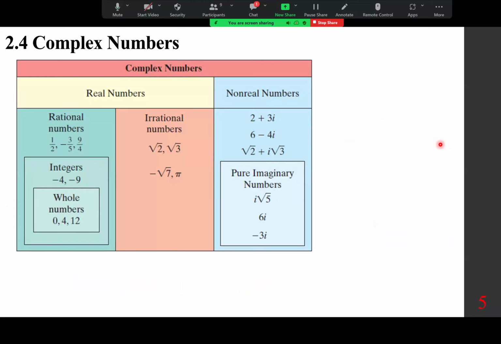So the synopsis of what we have here. We have whole numbers, 0, 1, 2, 3 to infinity. By the way, we also have natural numbers, which is without the 0. They are also considered positive integers. Then we have integers, we can go to both sides.